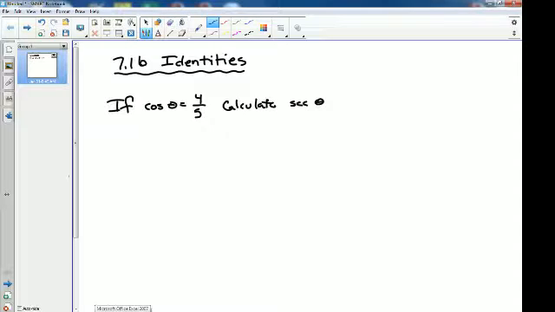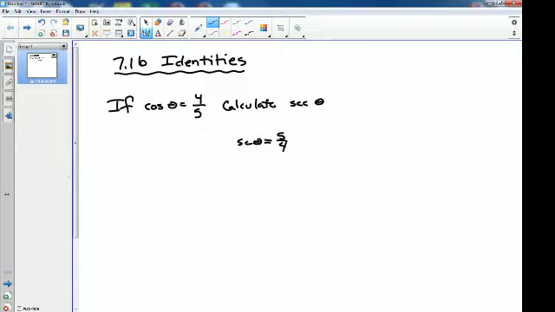Kind of showed you one of those problems. Anybody know the answer to that? Because they are reciprocals, correct? So secant theta. So cosine and secant are reciprocals. What I didn't tell you is that all the problems that I gave you were bounded in the first quadrant.